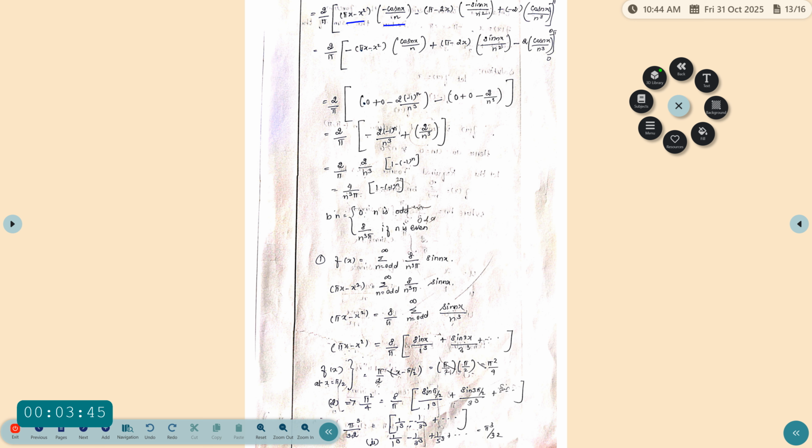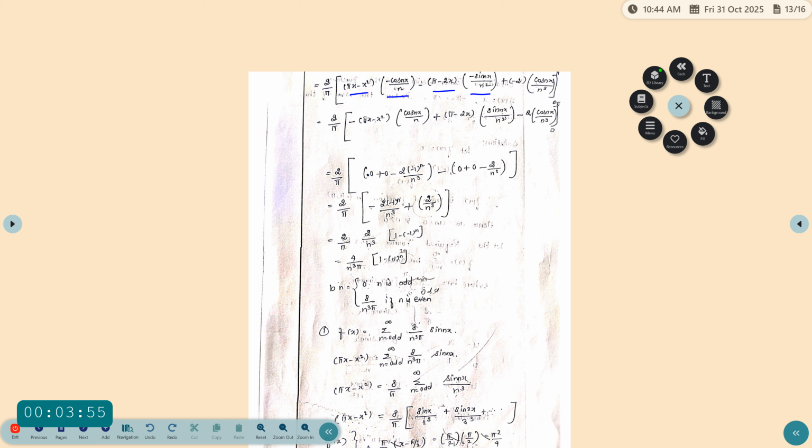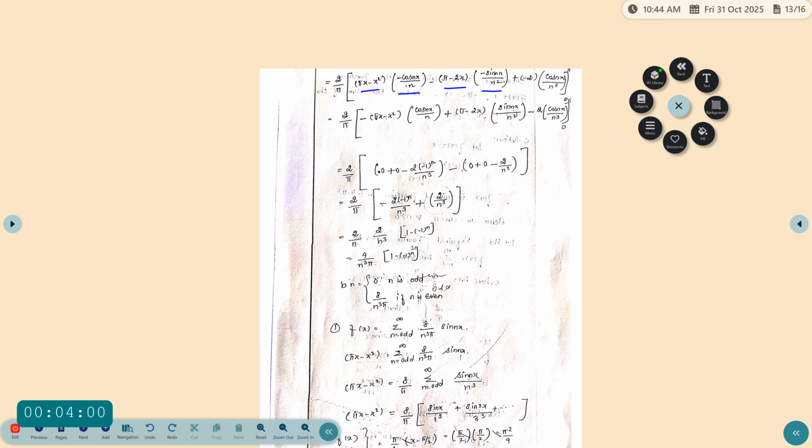Then u dash into v2 gives minus sin nx by n square, plus u double dash into v3, which is minus 2 into cos nx by n cube. We can apply all the values in the integral solution. Then we get minus of pi x minus x square. Here we have one minus, and we can bring this minus here: minus of pi x minus x square cos nx by n.